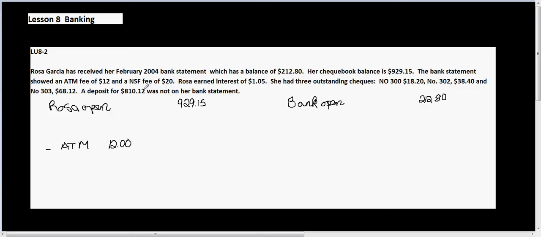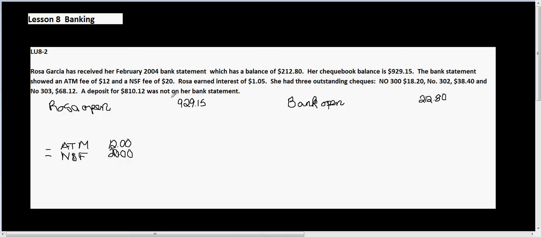So they're going to back charge you that for $20. Now, Rosa would not necessarily have known that something went through NSF, and she would not have known about these fees until she got the statement. So those came out of her account, NSF, so we have to subtract them. $20.00.